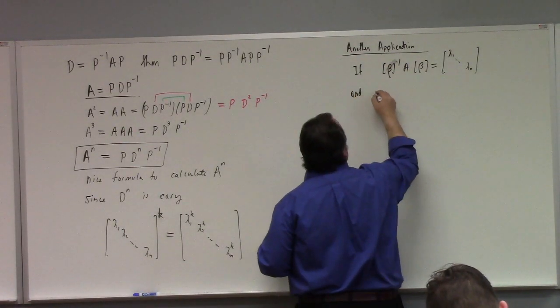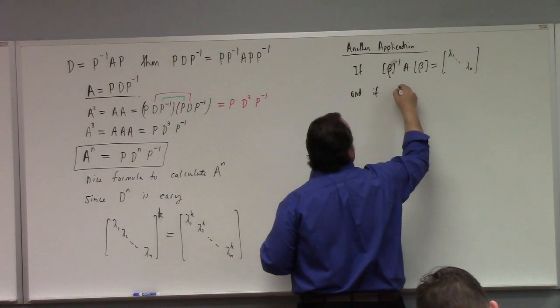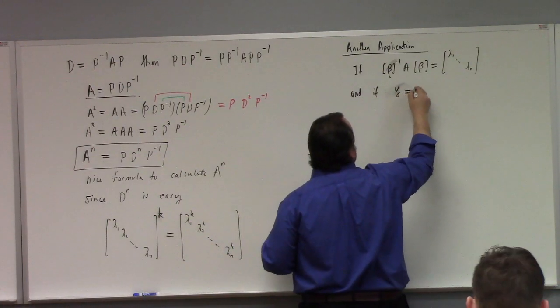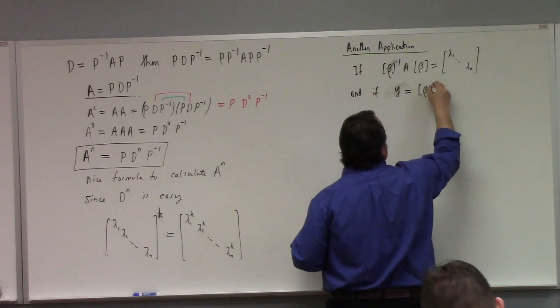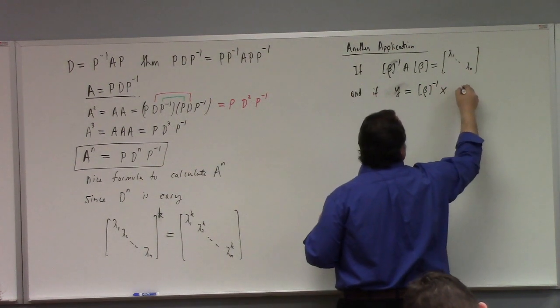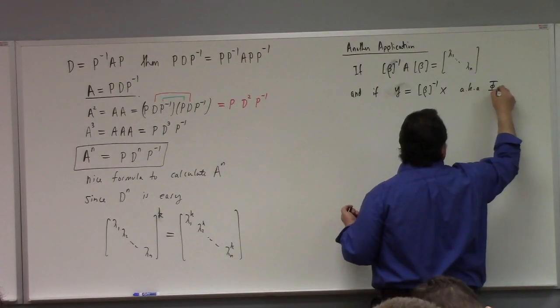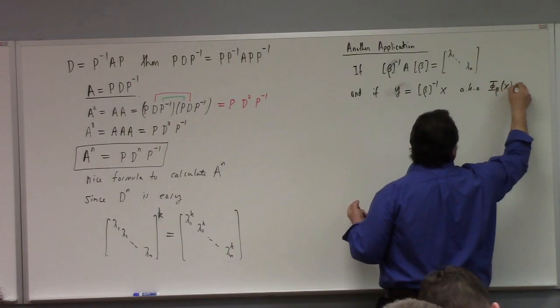And let's say we let y equal beta inverse times x. So this is the beta coordinate of x, which is equal to y.